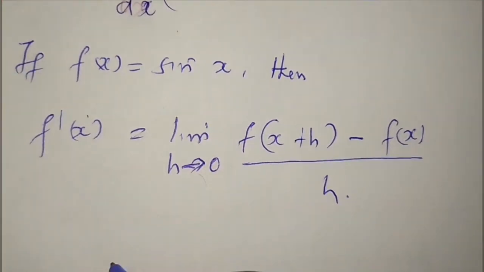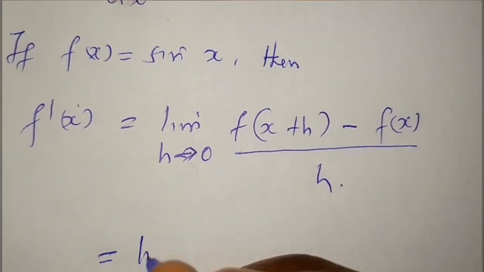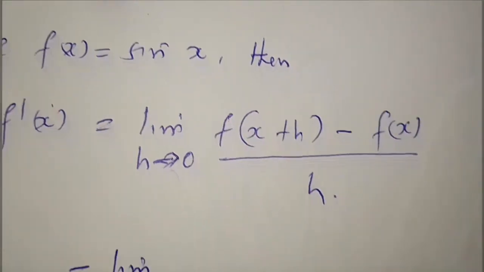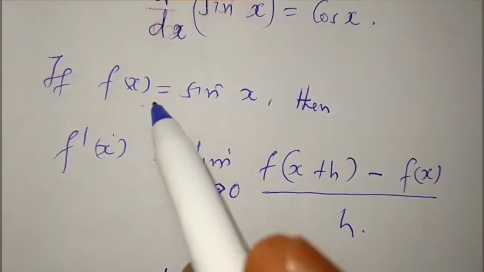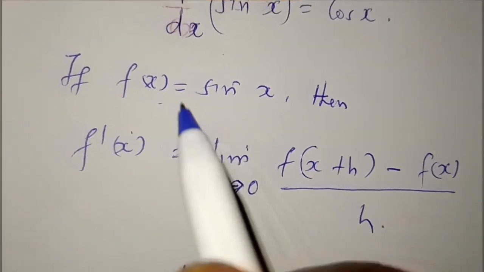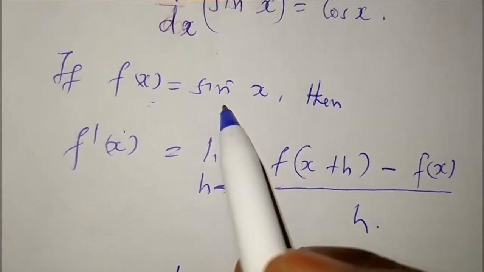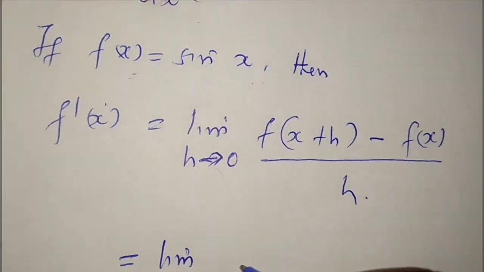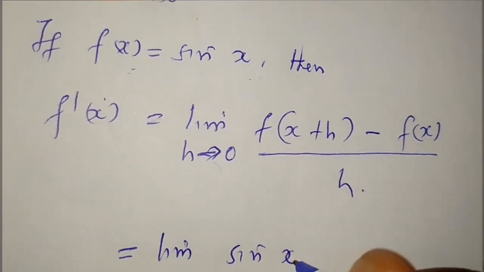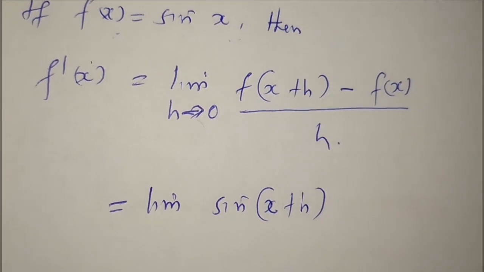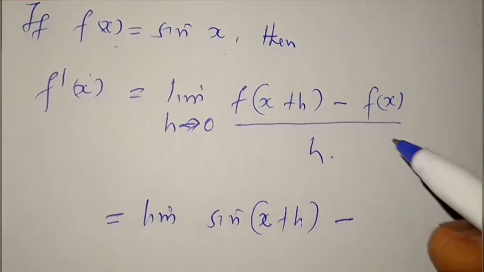This is the same as the limit. Remember, our f of x is equal to sine x. So f of x plus h will be sine x plus h. Hope you understand. Minus f of x.